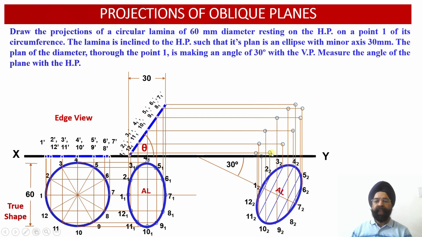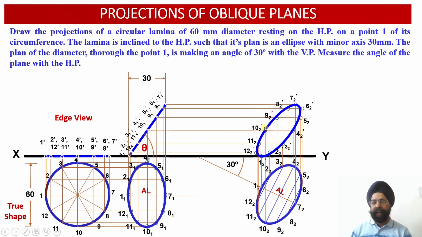So point 1, 2, 3, 4, 5, 6, 7, 8, 9, 10, 11, 12. All the 12 points have been obtained in the front view. Now you can see the numbering has also been made: 1 2 dash, 2 2 dash, 3 2 dash, 4 2 dash, 5 2 dash, 6 2 dash, 7 2 dash, 8 2 dash, 9 2 dash, 10 2 dash, 11 2 dash and 12 2 dash.